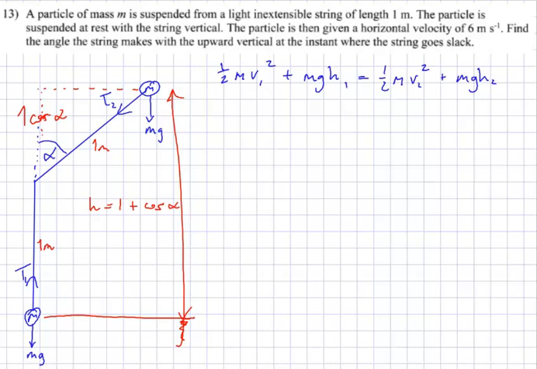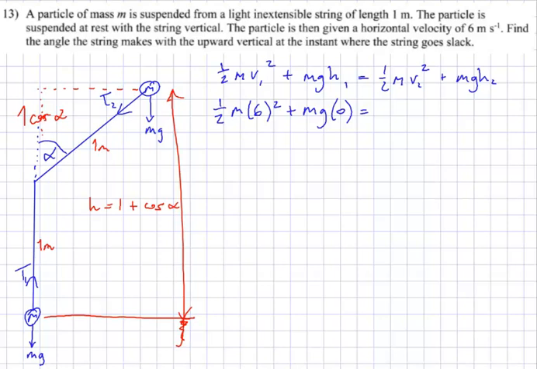So let's look at the potential energy and kinetic energy beforehand, at the moment it starts, at the bottom. At the bottom, we don't know what the mass is. Maybe that's not important. The velocity we're told is 6 initially. Now the height at the bottom is 0.